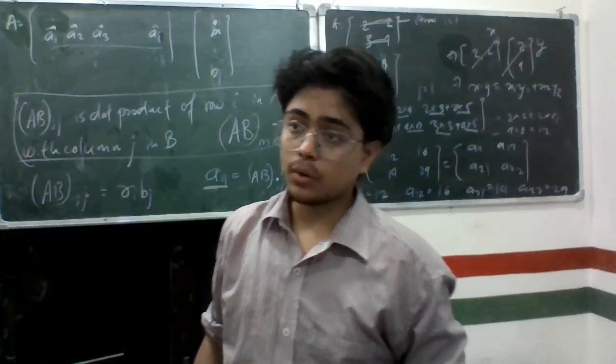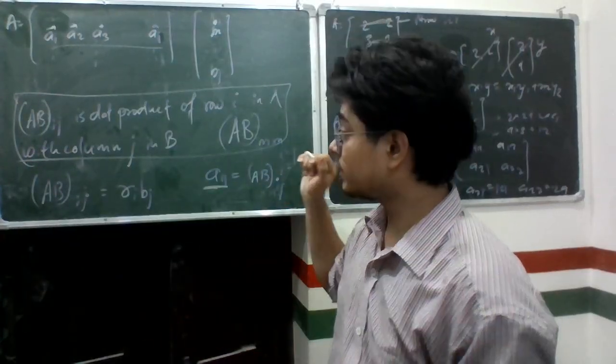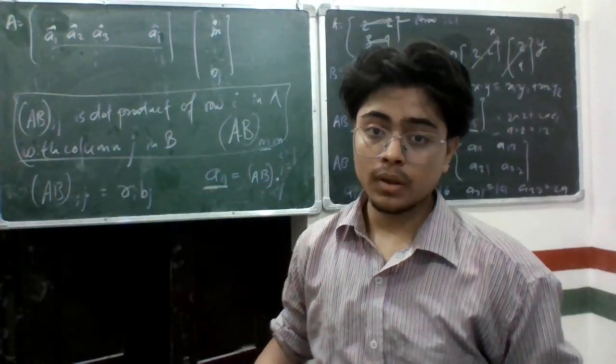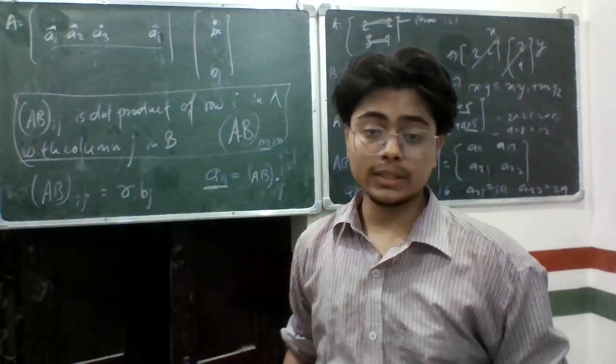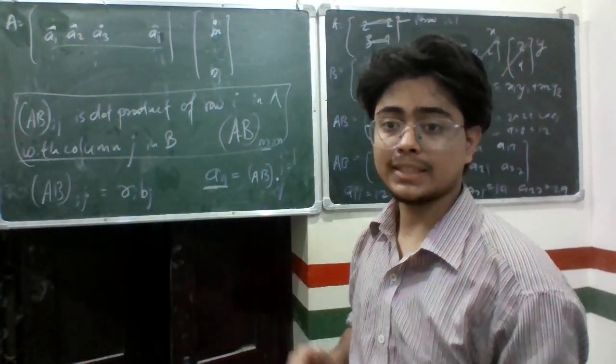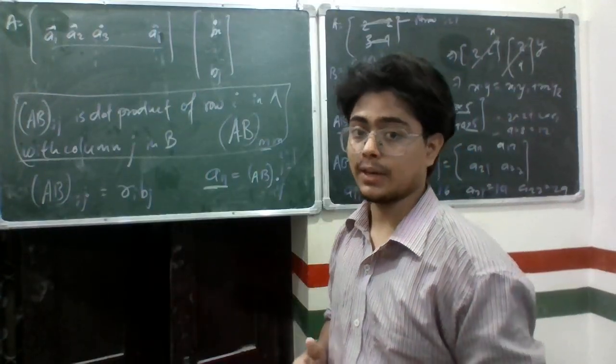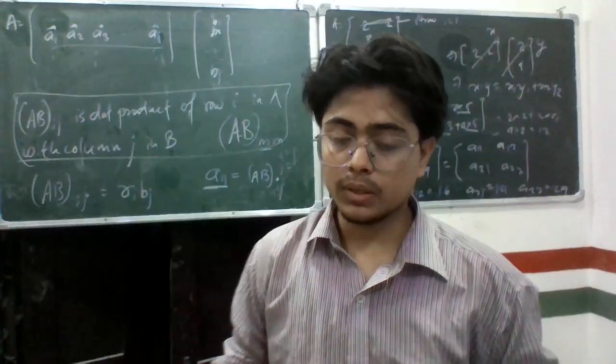We can just find this component by taking the mth row of A and the nth column of B, and multiplying them following the method of dot product, and we can find the value. So it's a very time saving thing.